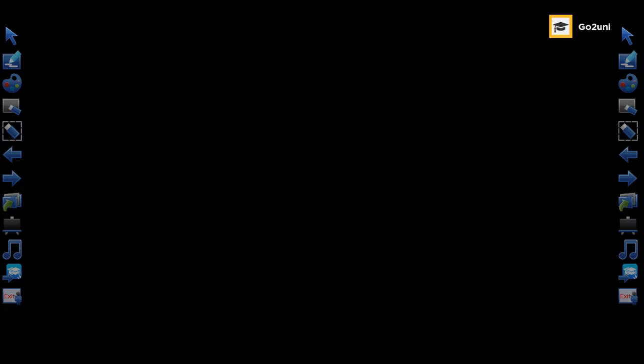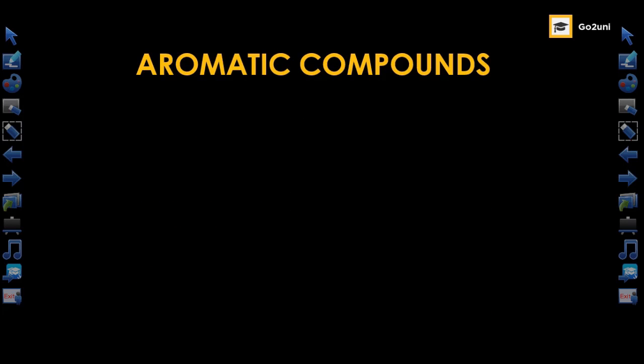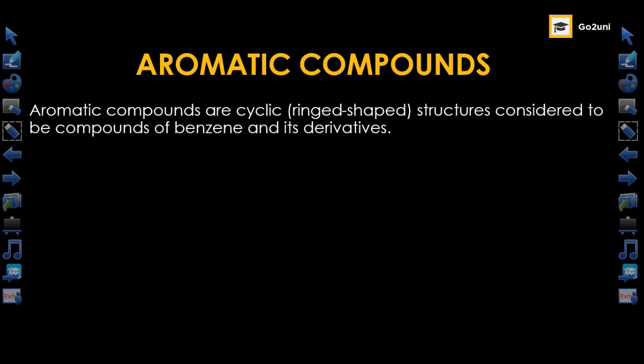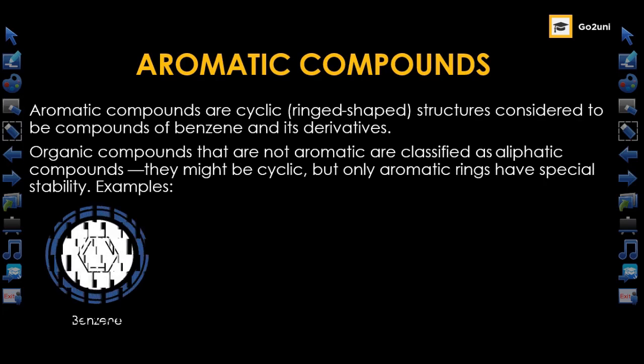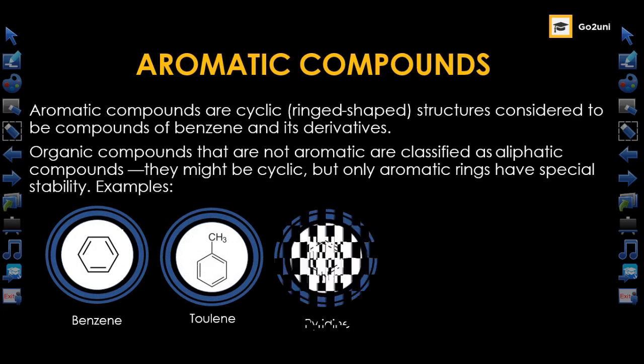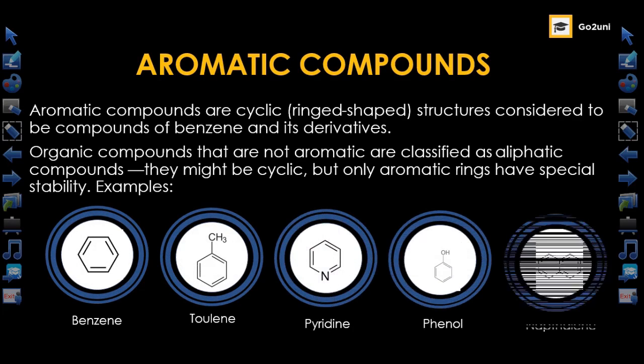Now, having seen that, we shall look at aromatic compounds next. Like we said, we are going to be taking a look at the meaning of those terms one after the other. When we talk about aromatic compounds, they are simply cyclic or ring-shaped compounds, which are benzene compounds or derivatives of benzene.